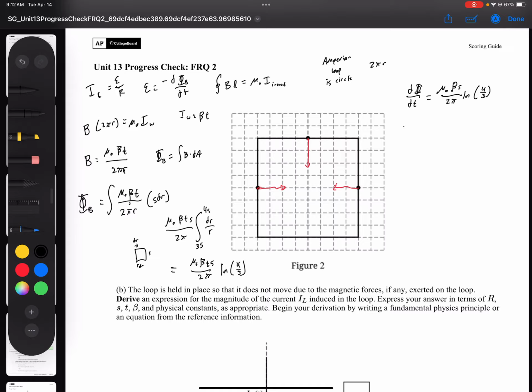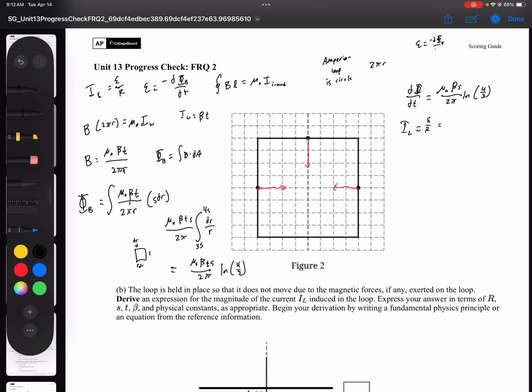The current in the loop is equal to the EMF over R. We're just going to look at the absolute value of the current. Don't worry about the minus sign because it just tells you if it's going clockwise or counterclockwise. Faraday's law says EMF is the negative change in magnetic flux with respect to time, but I'm just going to write this as 1 over R times the change in magnetic flux over time, times mu naught beta s over 2 pi times the ln of 4 over 3.